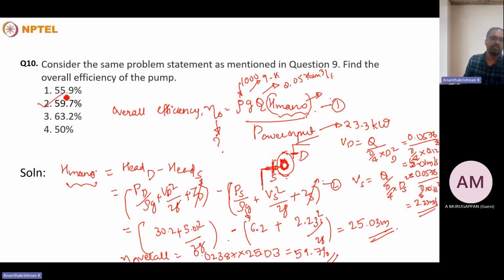So the answer to this problem is option B. I hope the discussion related to this problem is understandable for you. If any doubts are there, you can ask the questions.